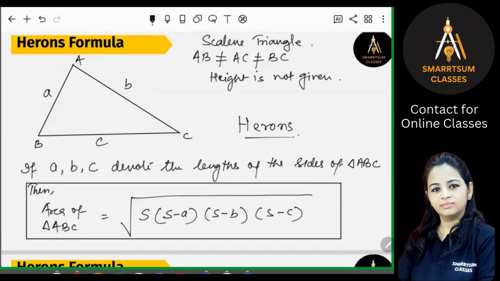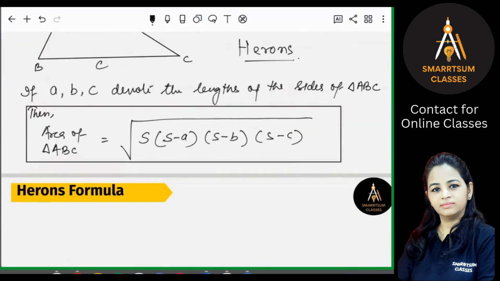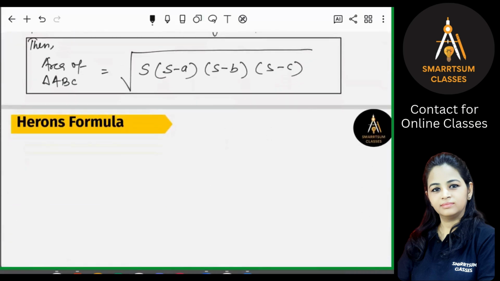These are the three lengths of the triangle, but s we don't know here. So what is s? Let's see. s is (a plus b plus c) upon 2.